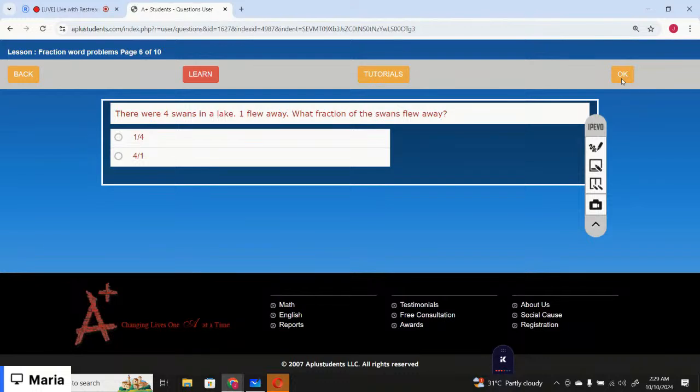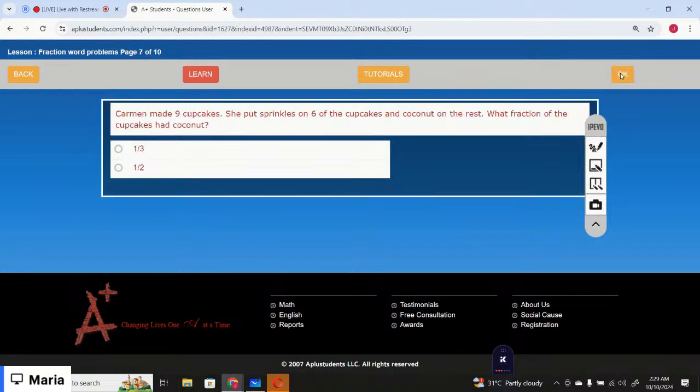One flew away. So the correct option is 1. No, not 4 out of 1. Never ever write a greater numerator, right? Numerator is always smaller than denominator. That is 1 out of 4. Option number 1 is the correct option.